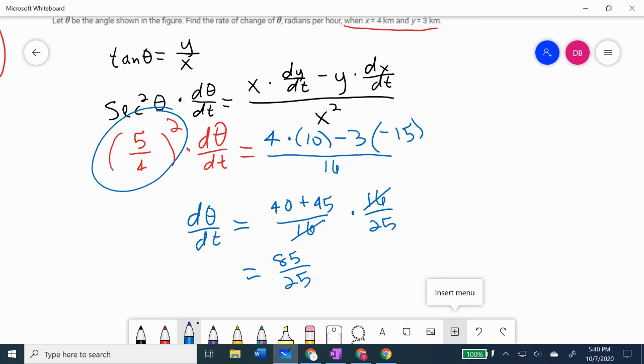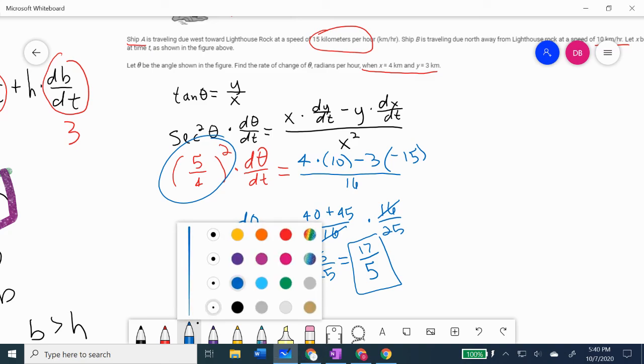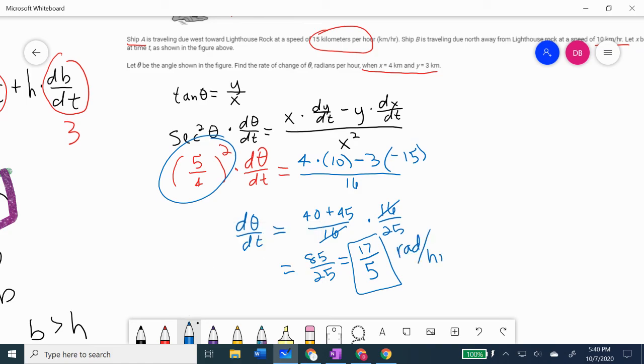Okay, if I divide by 5, 85 divided by 5 will give me 17. So 17 over 5 is d theta/dt. And radians per hour.